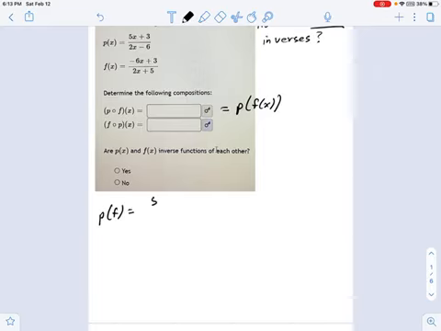I take my equation for P, which is 5 times something plus 3 divided by 2 times something minus 6. And in that parentheses right there, I'm going to put the F equation, which is negative 6x plus 3 over 2x plus 5. And that goes in both places, negative 6x plus 3 and 2x plus 5.